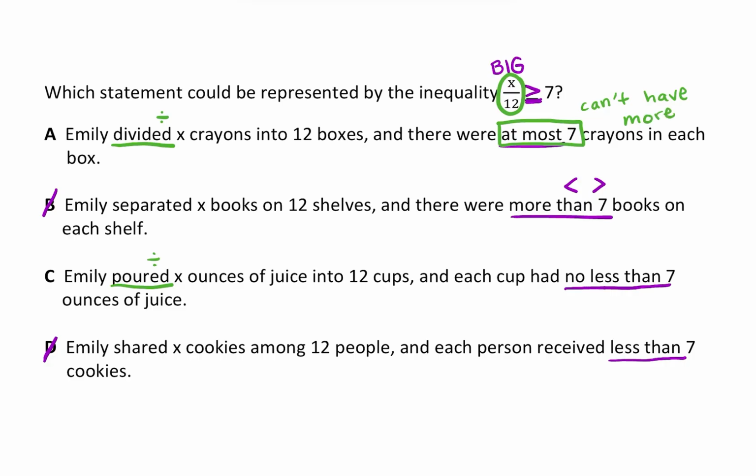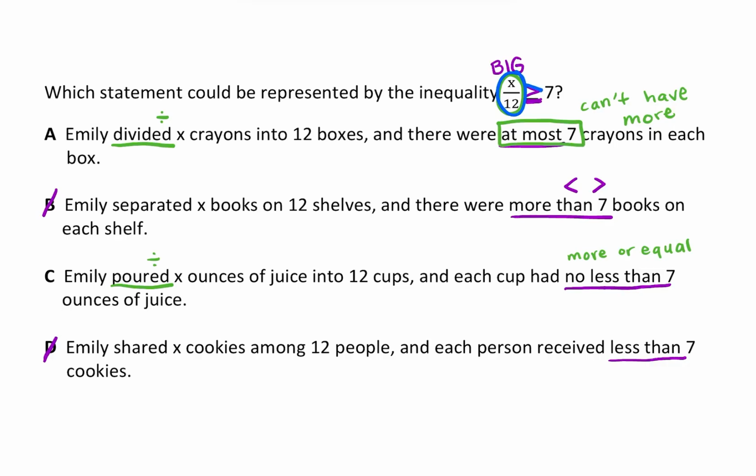Okay, C, Emily poured X ounces of juice into 12 cups, and each cup had no less than. So if it's no less than, that means we need more or equal. Because if we can have no less, we can have equal, we can have more, but we can't have less. So now we need to go back here and we want this.